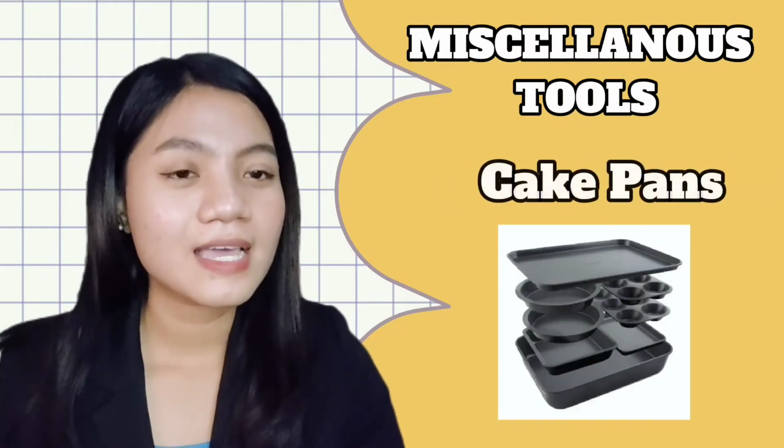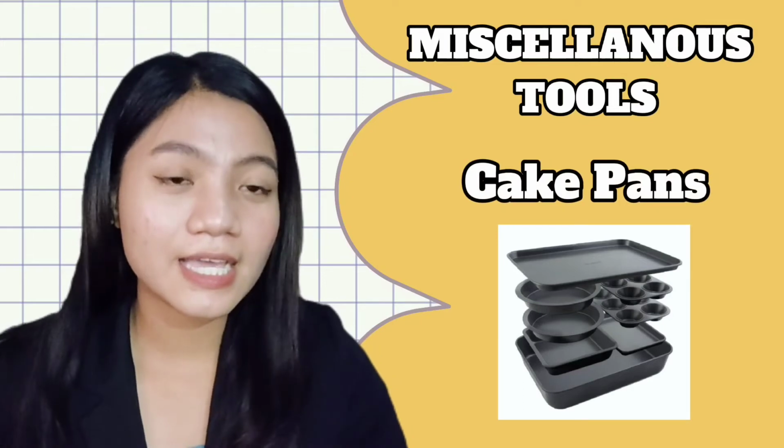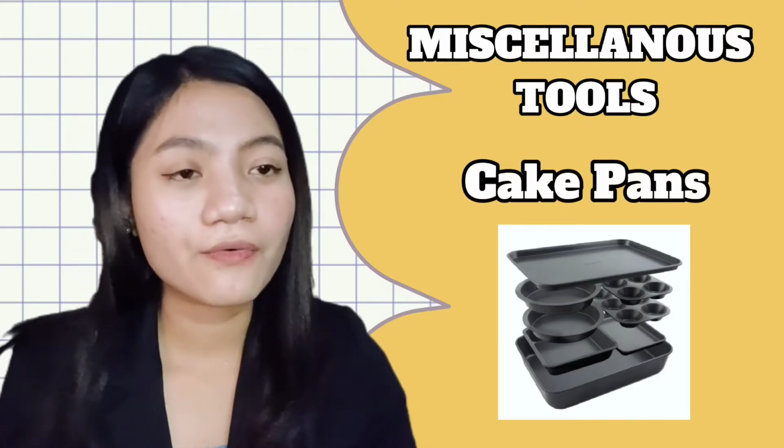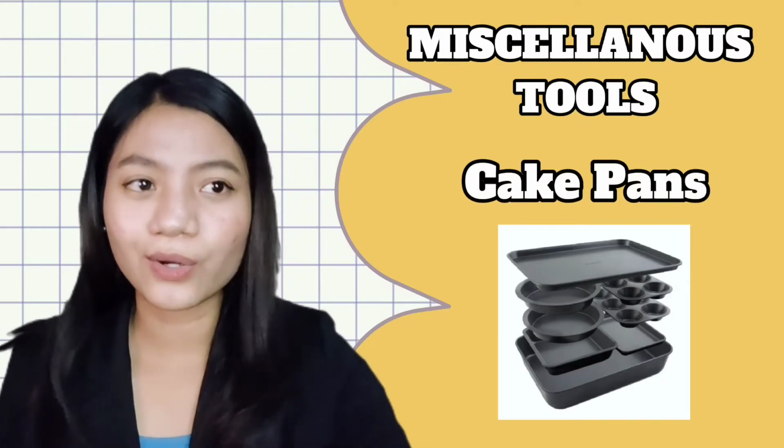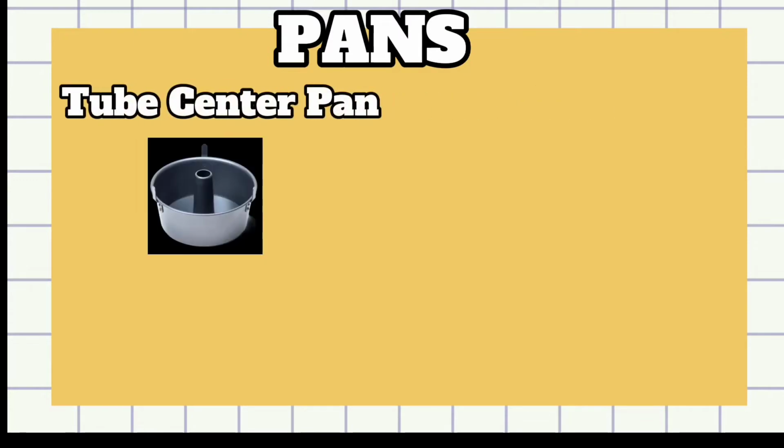Cake pans come in different sizes and shapes and may be round, square, rectangular, or heart shaped. There are 4 pans that we need to identify. First is the tube center pan, deeper than a round pan and with a hollow center. It is removable, and is used to bake chiffon type cakes.